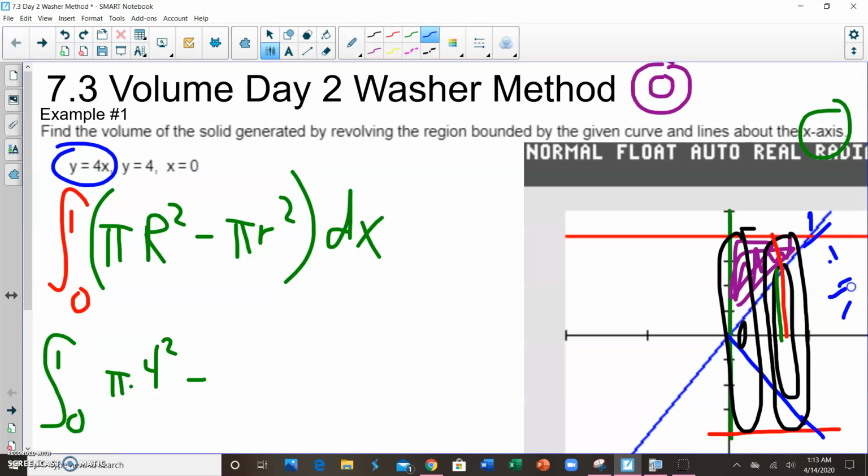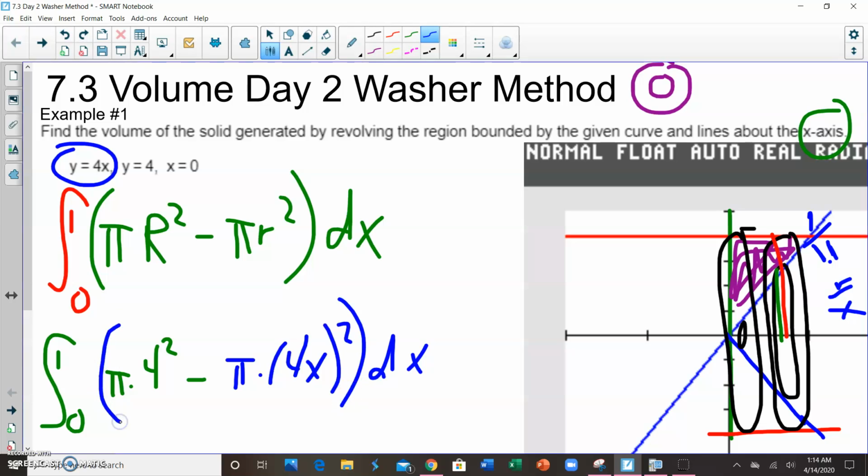Oops, that's really bad. So that's y is equal to 4x. That means that blue line, that height, is y. Because that height is y, this is going to be pi times 4x squared dx.